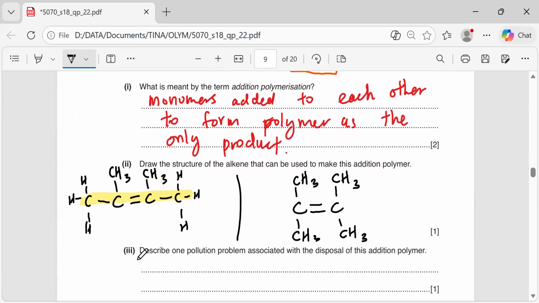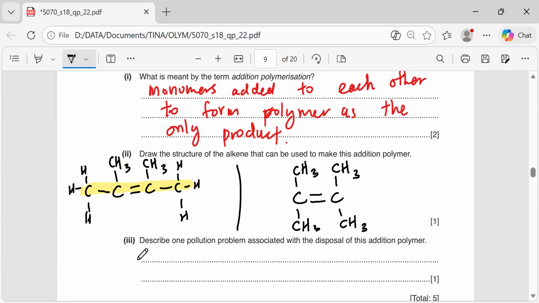Can see or not? Oh, sorry. They don't ask you, but this is not but-2-ene. If it was but-2-ene, it would just be H H at the bottom here. Get it?